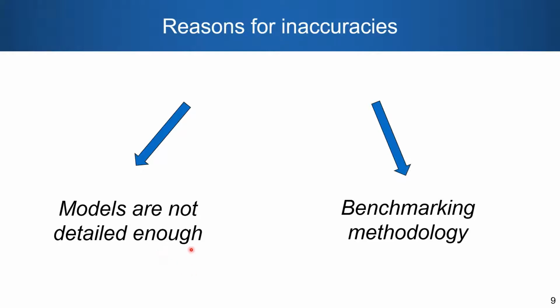The second reason has to do with the benchmarking methodology that was used to evaluate these approaches. In this talk, we are going to look at both of these issues. First, I'm going to present a new parametric pipeline model that is much more detailed than existing models, and that is applicable to all generations of Intel's Core microarchitecture.